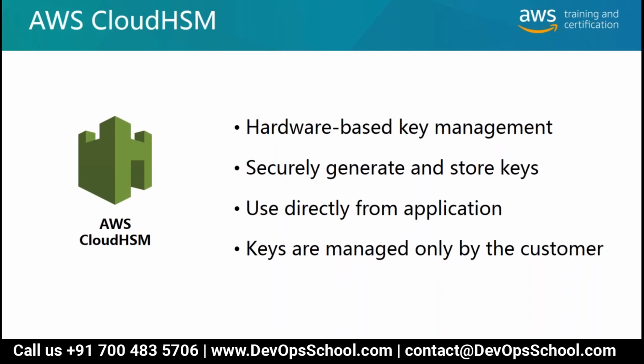These devices cannot be tampered with to get keys or do any decryption. It is an extra secure way of managing your keys. I haven't used this so far, but yes, this gives you a hardware-based key management service.